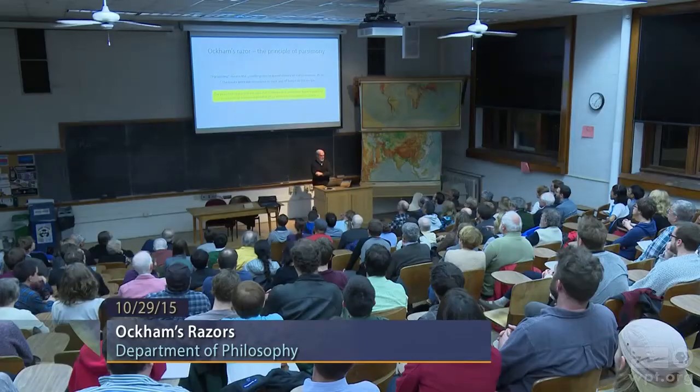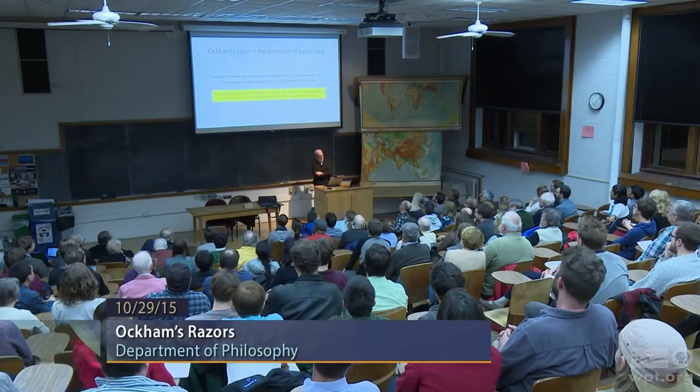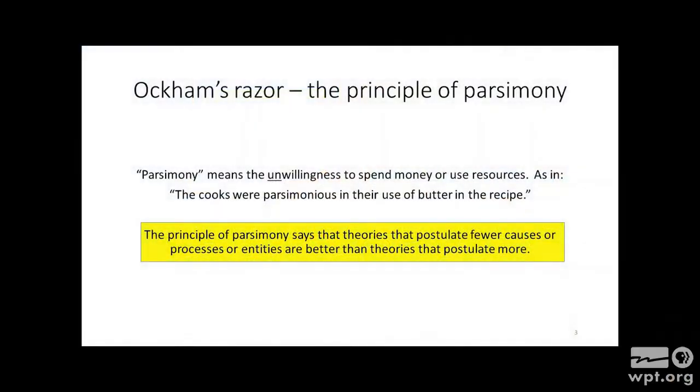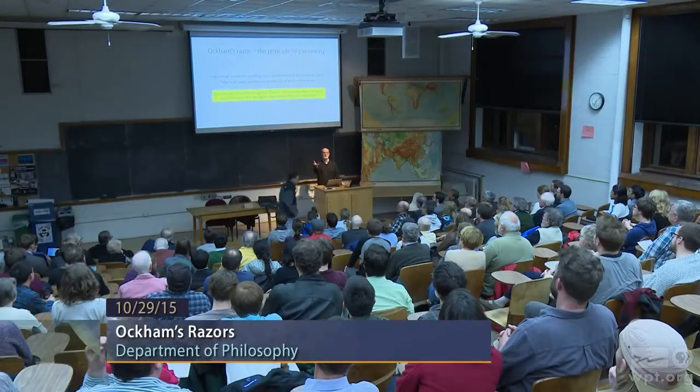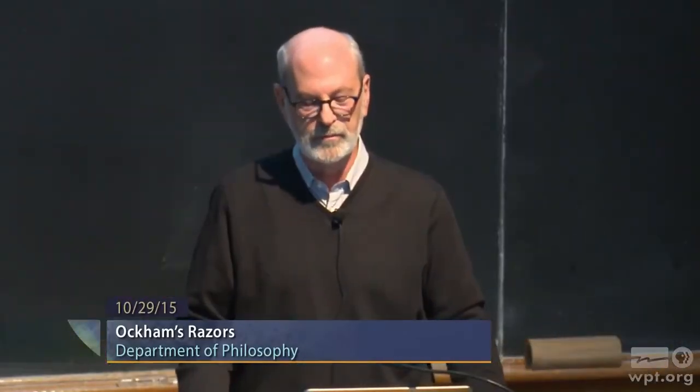The principle of parsimony is with us still in contemporary science and in everyday life also. It's named for Ockham, a medieval philosopher, but contemporary science uses this tool in reasoning. Just a little vocabulary, parsimony. I have to tell this to my intro students, so I hope you won't mind me telling it to you.